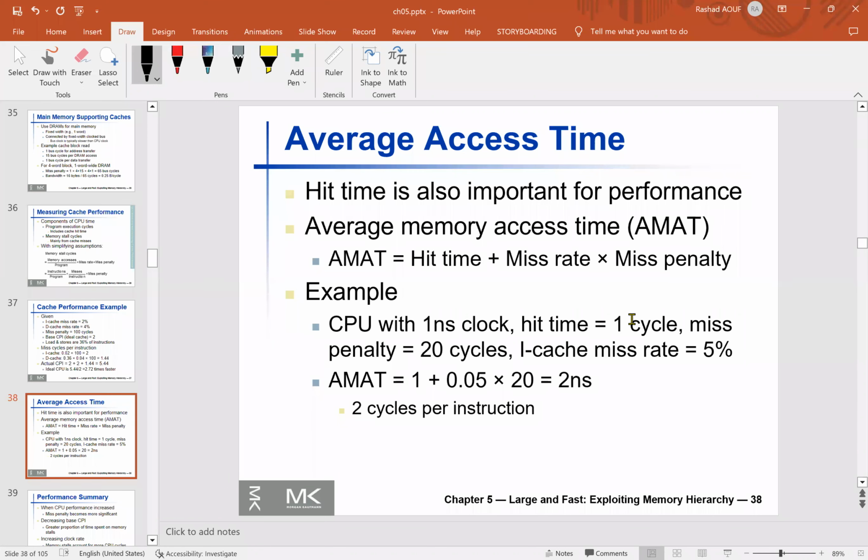But I suggest, and you have to do it, even though I explained the memories and how to handle the addresses between the CPU and the cache, you also have to read. You understand the main idea of how it works, but you have to read.